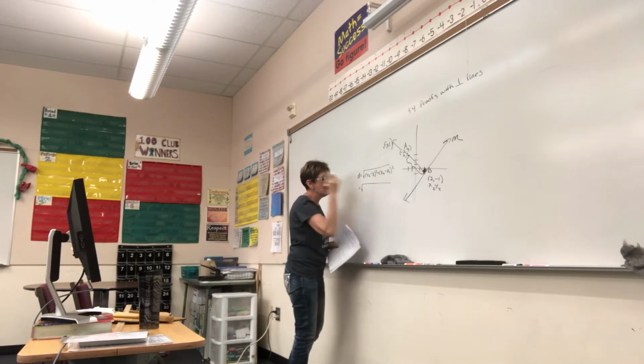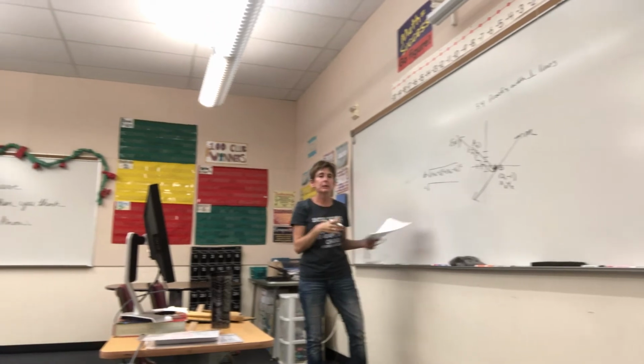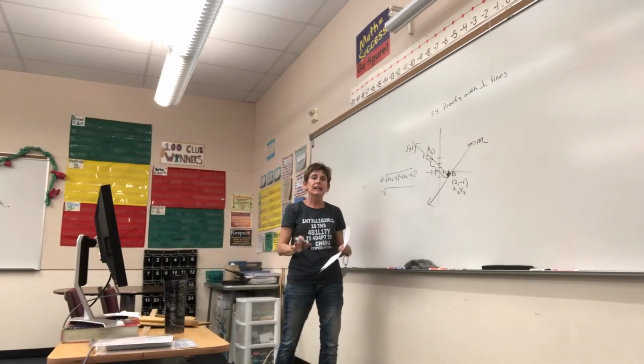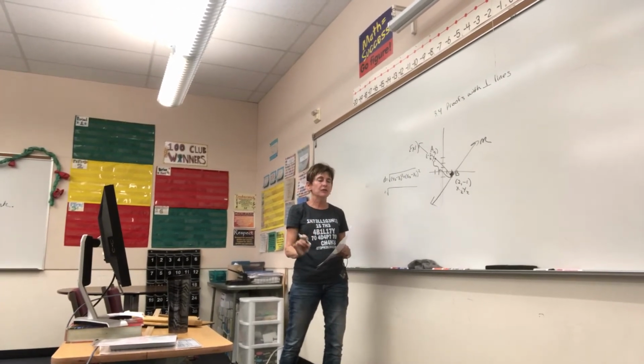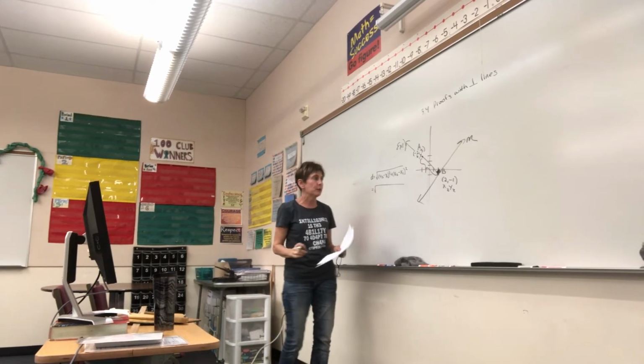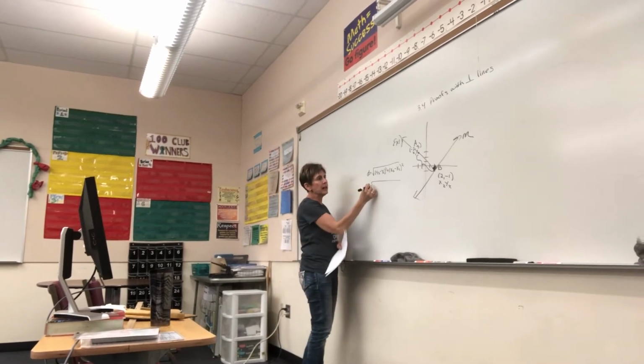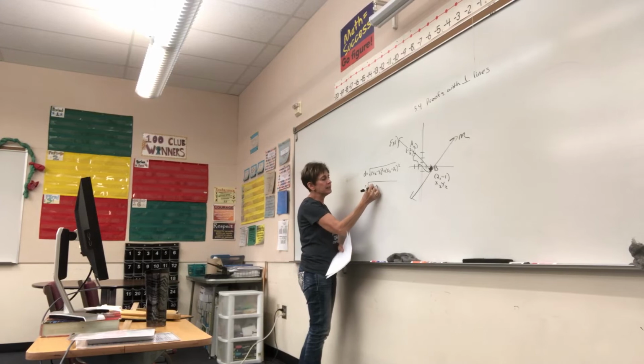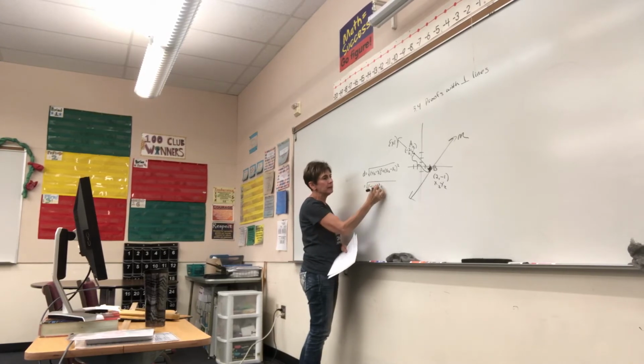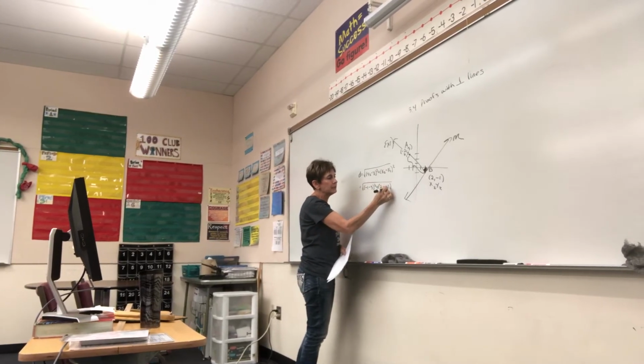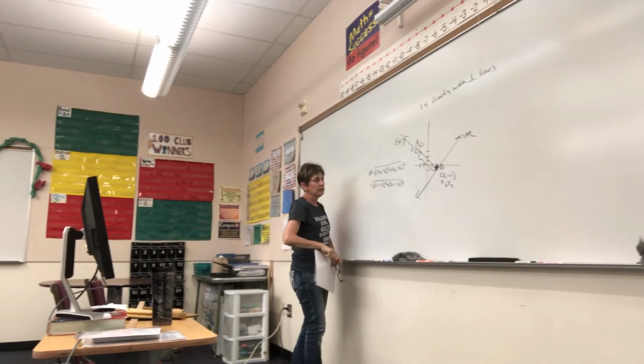Now I'm going to go a little bit on the fast side for this because it's something we've already covered. But if this is something you're still becoming comfortable with, please feel free to pause the video if you need to. So we would have -1 minus 3 in our first parentheses squared, and then 2 minus -2 in the second parentheses squared.